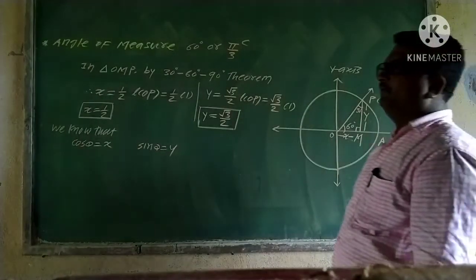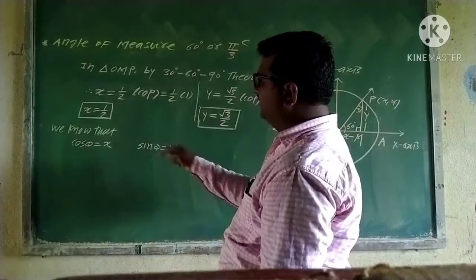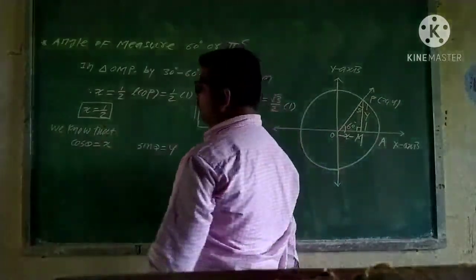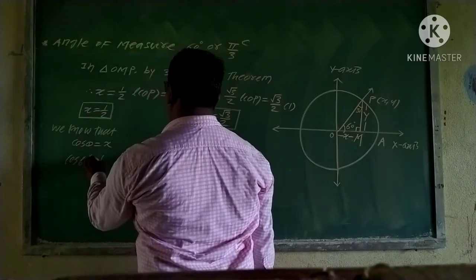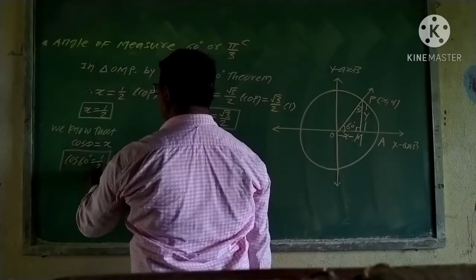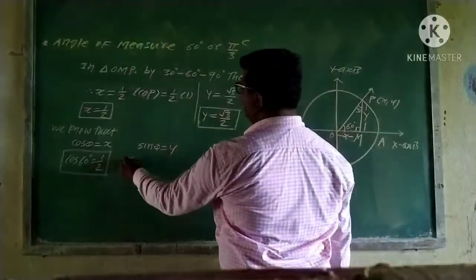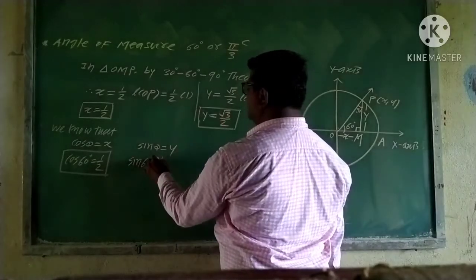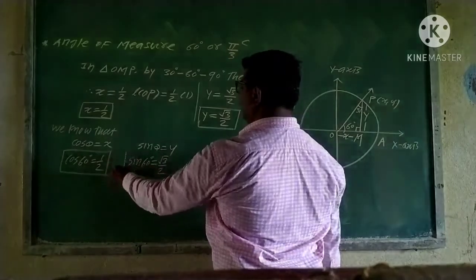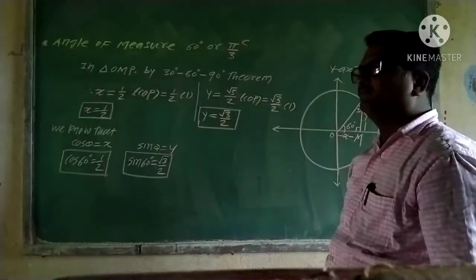Where theta is the angle of measure 60 degree and x is 1 upon 2, so cos of 60 degree equals 1 upon 2. Sin of 60 degree equals y, that is square root 3 upon 2.